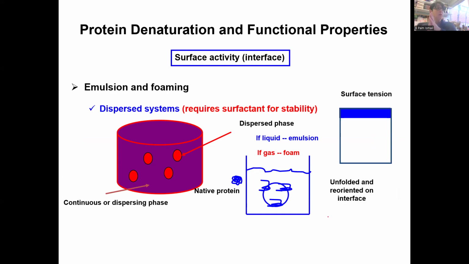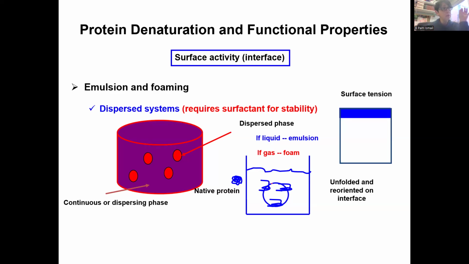But the concept with proteins as stabilizers is that when you have protein and you homogenize, you mix, the protein goes to the interface and unfolds, orienting its hydrophobic components to the oil or to the air phase, and its polar component to the aqueous phase, whether it's continuous or dispersed.